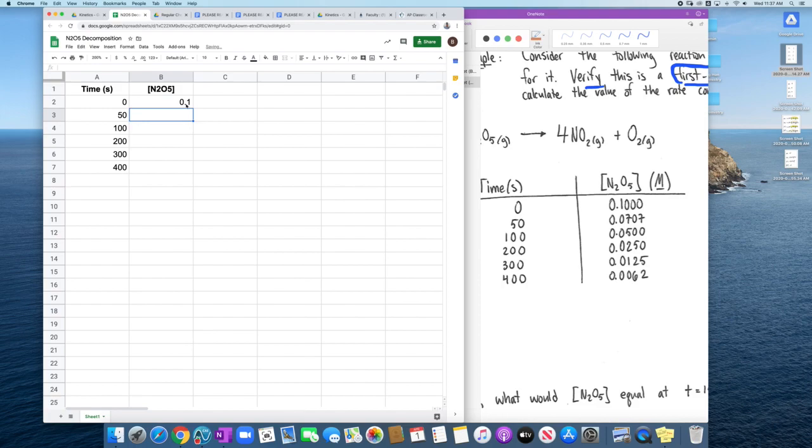I can change the number of sig figs in just a second. 0.0707, 0.05, 0.025, 0.0125, and 0.0062. Oh, enter. Okay, now here's my data.